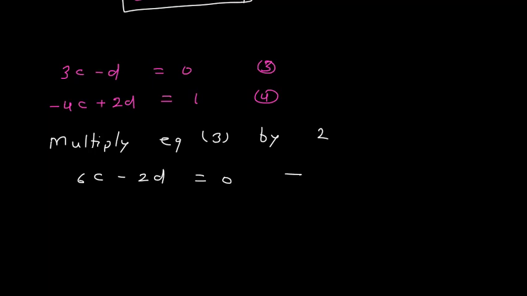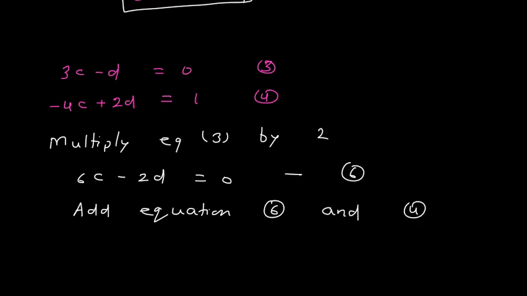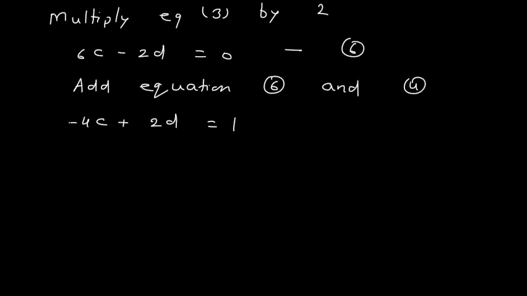We consider this equation 6, and then we add equations 6 and 4. Equation 4 is minus 4c plus 2d is equal to 1, and equation 6 is 6c minus 2d is equal to 0. When we add, we get 2c is equal to 1. Therefore c is equal to 1 by 2.